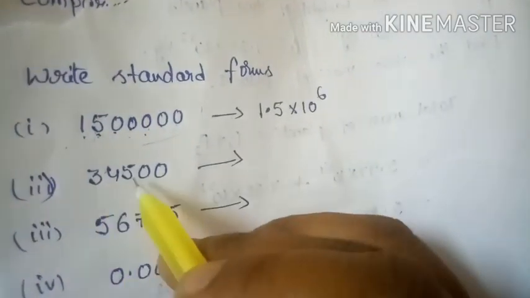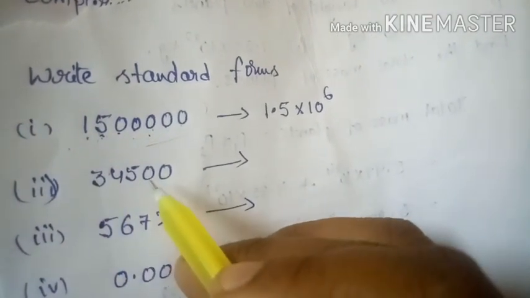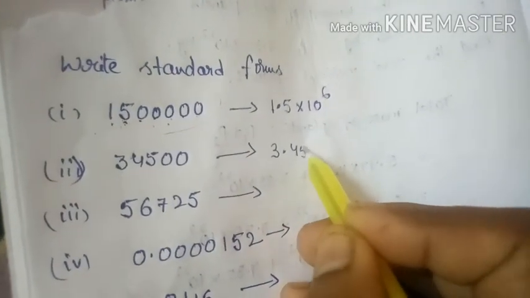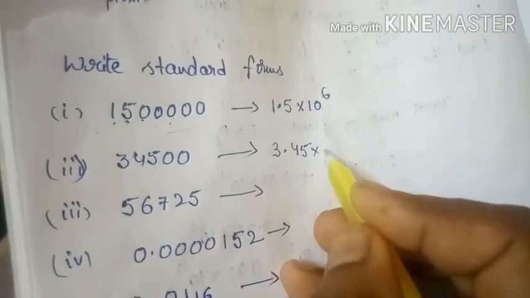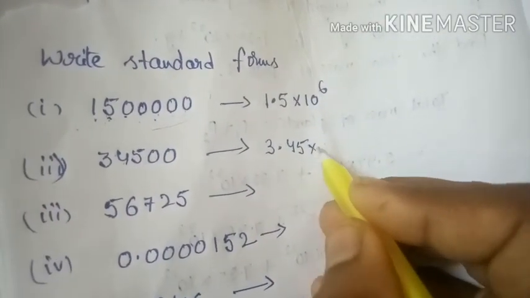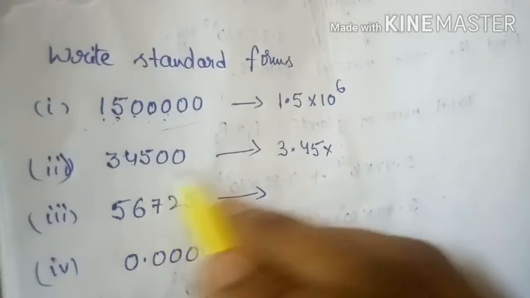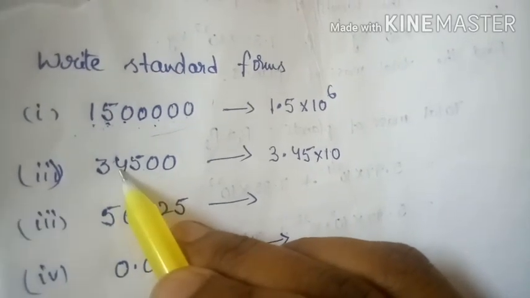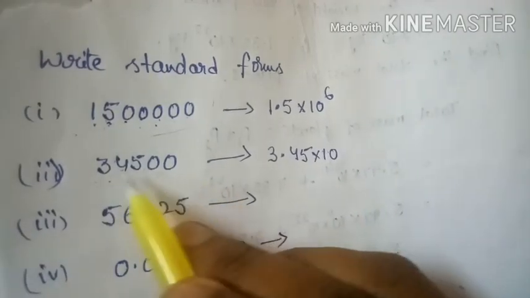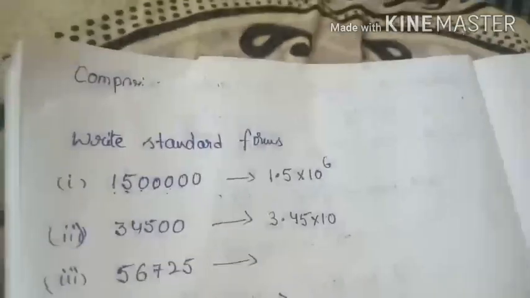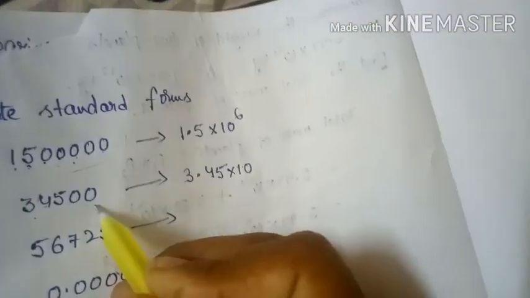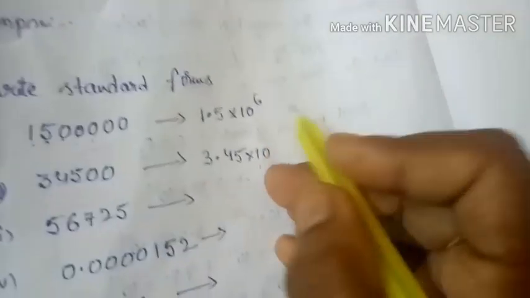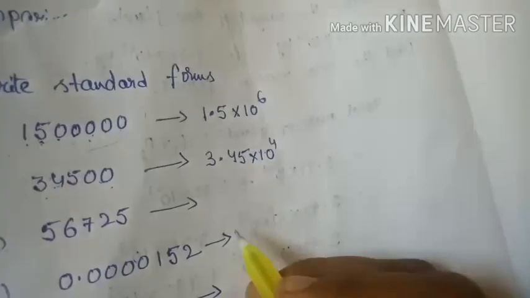Okay. Next go for the second one. 34500. Same, first digit 3 point, rest of the value 45, into, take the base, multiplied by the power of 10. So what exponent should we write here? 1, 2, 3, 4. We are moving from right to left. Okay. 1, 2, 3, 4. So power 4.